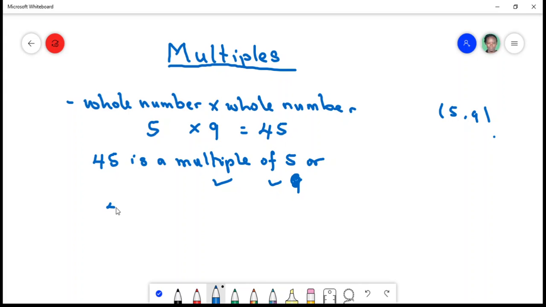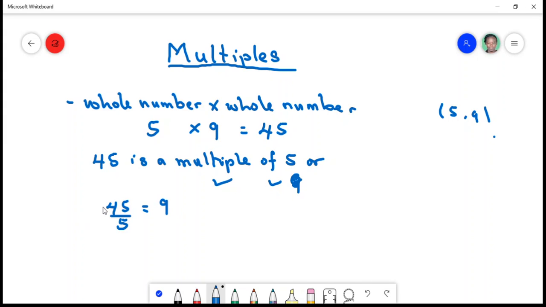So 45 divided by 5 is what? 9. So the first number is said to be a multiple of the second number. The first number, 45, is divisible by 5. You get 9.